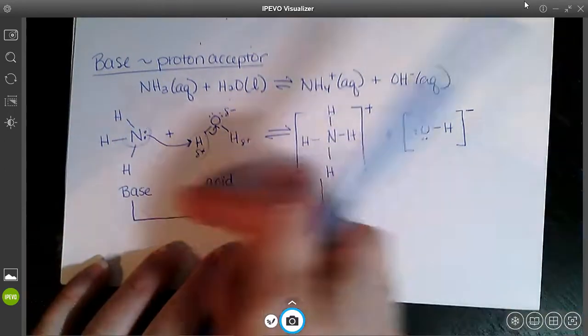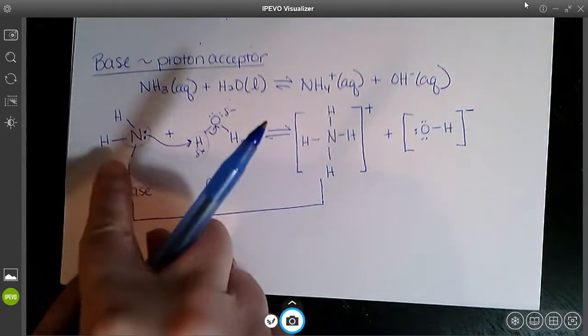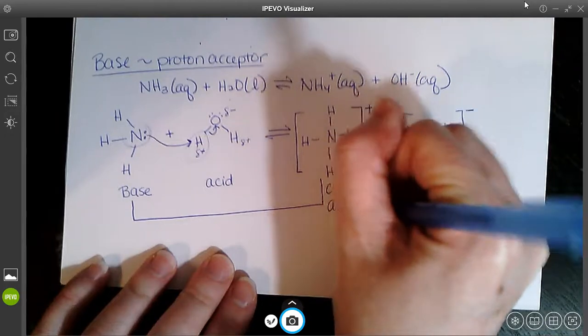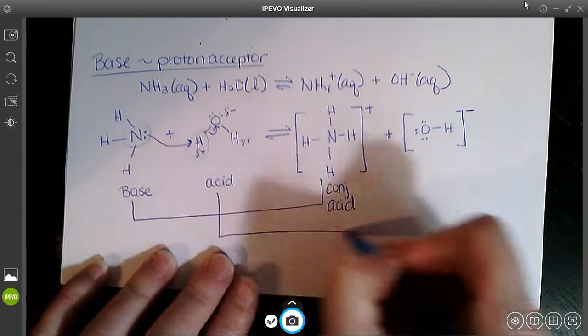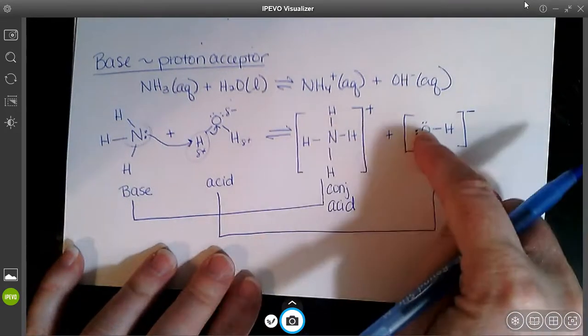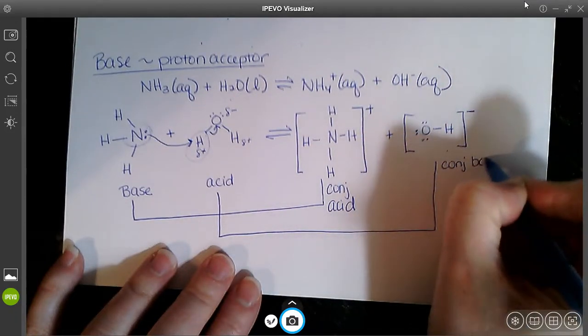In the reverse direction, this would be giving up a hydrogen to turn back into ammonia. So this is the conjugate acid. And then this acid, my water, turned into hydroxide. So this is what's going to pick up a hydrogen later. So this is my conjugate base.